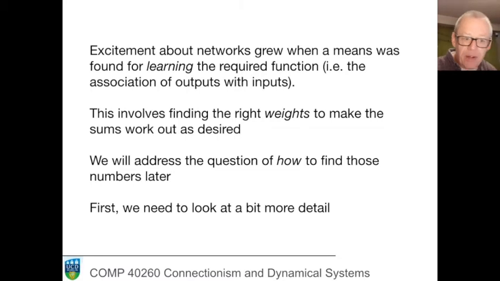We will address later the question of how to find those weights. What's important for us to know is what's the business? What are people actually doing here? What they're doing is trying to develop weights within a network such that the desired mapping is computed.